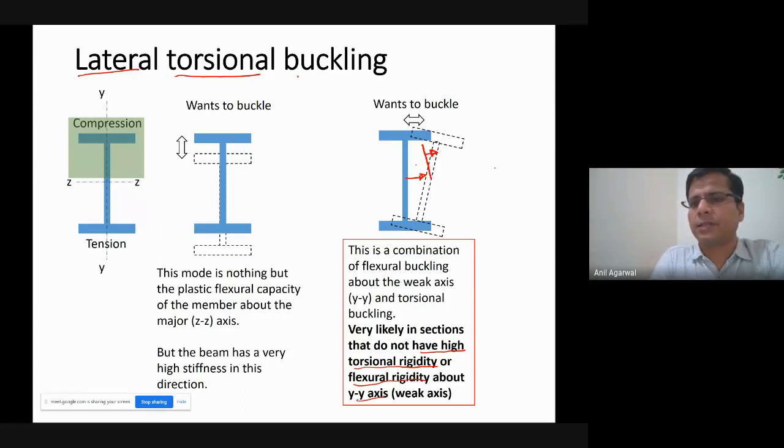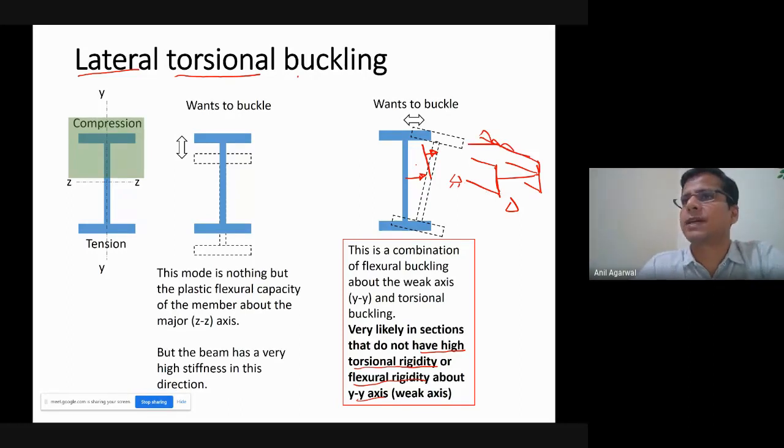For example, if I have an I section like this, in the axial direction it is going this way, and then this is one end, the other end also is supported, and the load is applied along the longitudinal axis. In this case, you will not have lateral torsional buckling because it has a very high rigidity in the lateral direction.